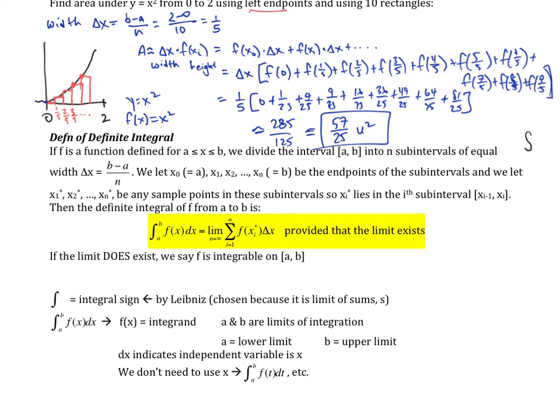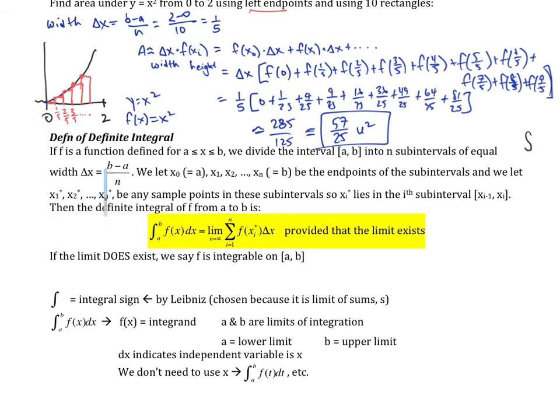So the definite integral: if f is a function defined for x between a and b, we divide the interval a to b into n subintervals of equal width delta x equals (b minus a) over n. So that's everything that we've been doing here. I've got some sort of function on an interval from a to b.